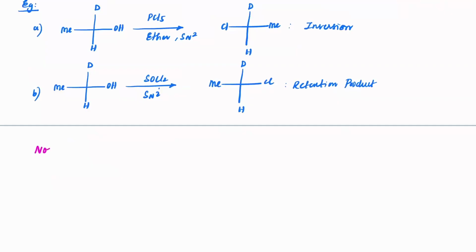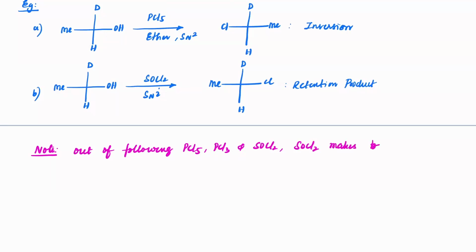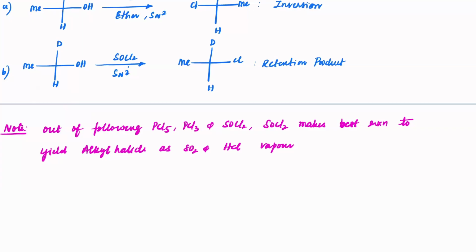Now, an important point to note here is that out of the following, PCl5, PCl3, and SOCl2, SOCl2 makes the best reaction to yield alkyl halides, as SO2 and HCl vapors are released as products.